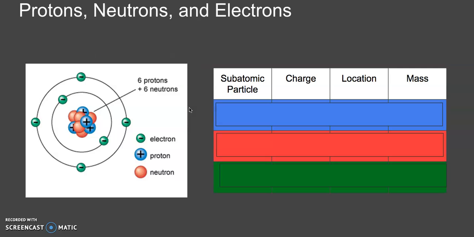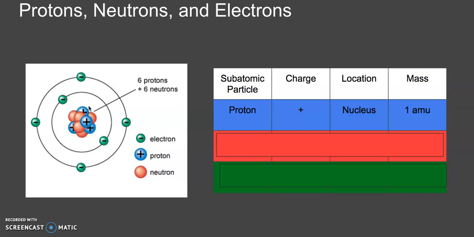So starting with protons in the blue here, protons are probably the most thought of subatomic particle. They have a positive charge and they're located in the nucleus, so located in this center of our atom.